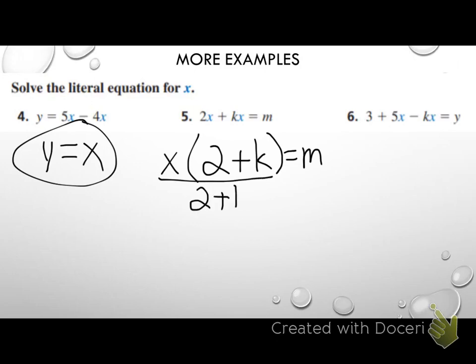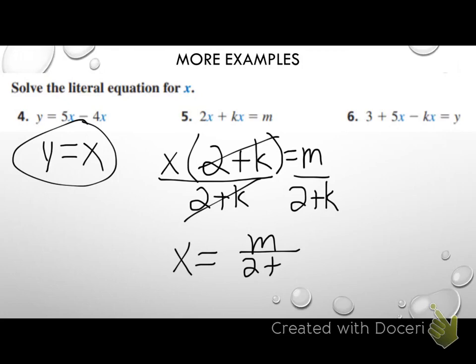Divide by the thing that's being multiplied by x. So divide both sides by 2 plus k. So I get x equals m over 2 plus k. Can't do anything else, so there's my answer. Questions on example 5?